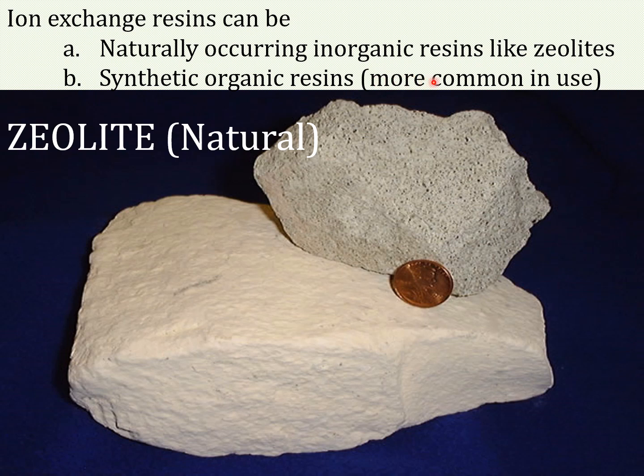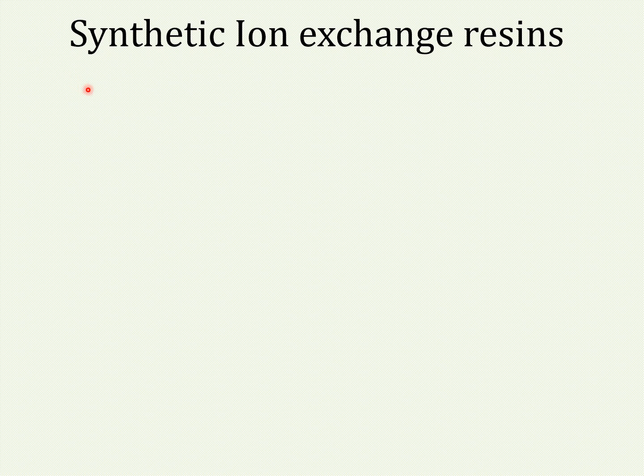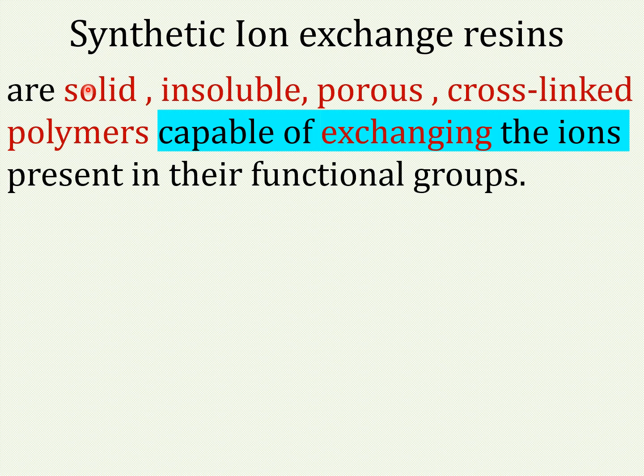These are more common in use, and the synthetic resins will be seen more in detail in the coming slides also. Well, synthetic ion exchange resins are solid, insoluble, porous, cross-linked polymers. We already know that they are organic in nature, so they are cross-linked polymers which are solid and insoluble, and they have this porous structure.